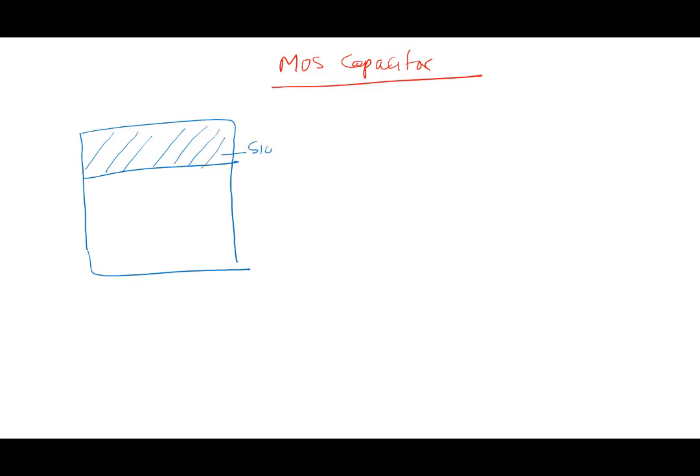This is silicon dioxide. I'm going to take p-type silicon, and let's take doping as Na, 10 to the power 17. Let's take oxide thickness as 10 nanometer, and let's put a metal on top, and there's a metal here, right?